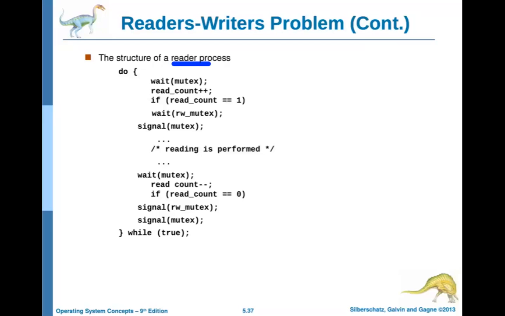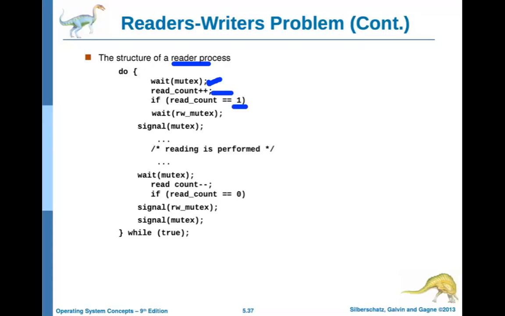See how it works. For a reader process, wait on mutex because we want to increment the read count. I have initialized it with 0. Now I incremented it, and if the count is equal to 1, try to understand all three conditions. The reader has just incremented it, and if it is equal to 1, definitely this is the first reader.